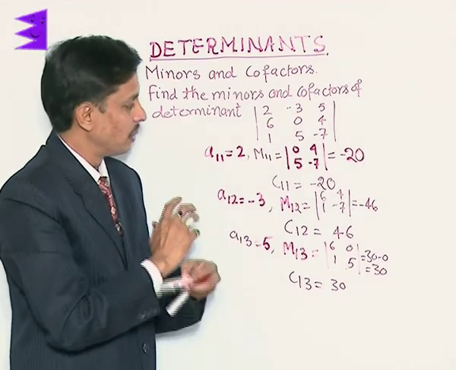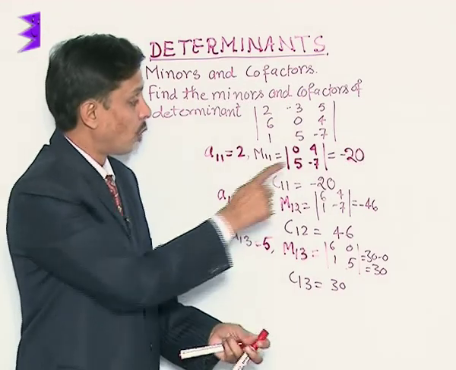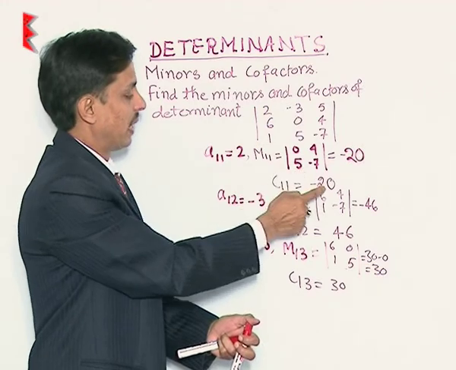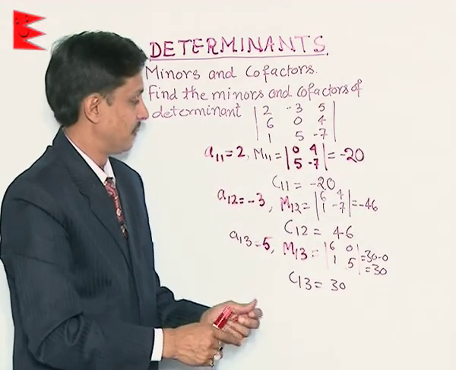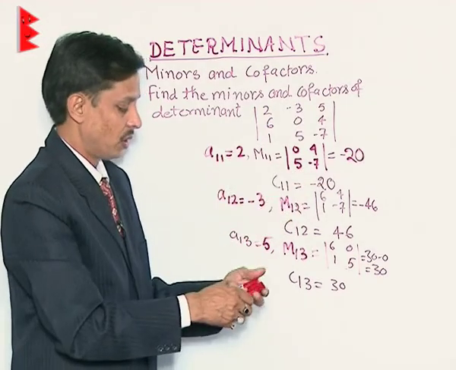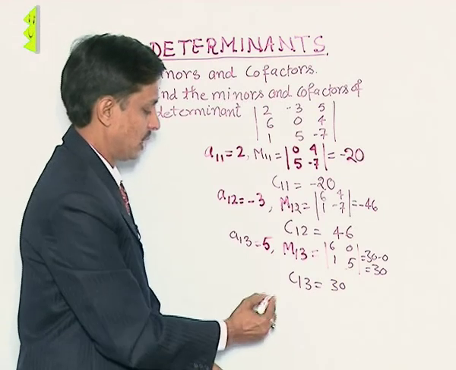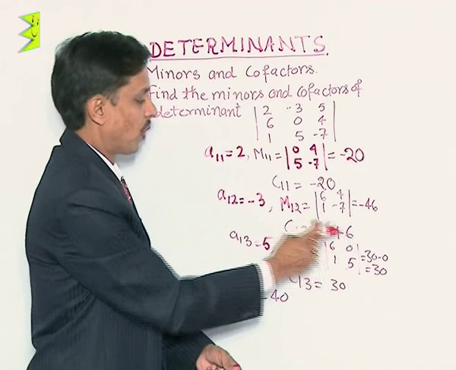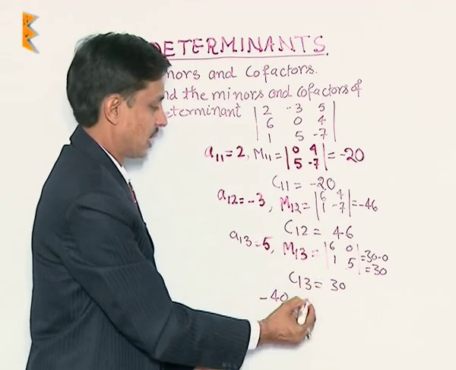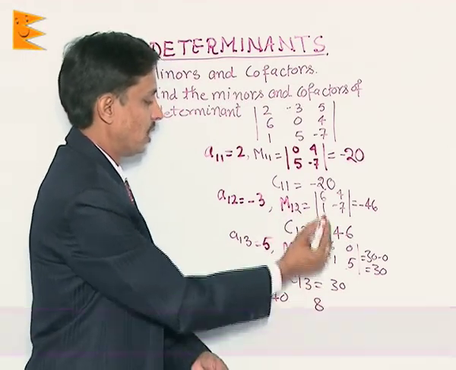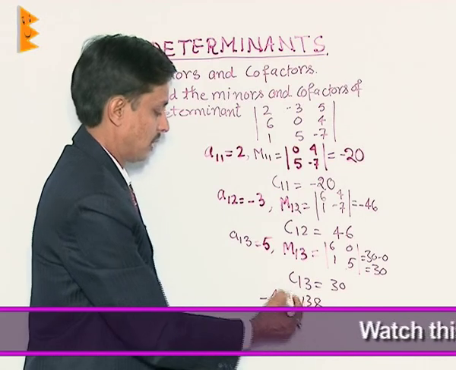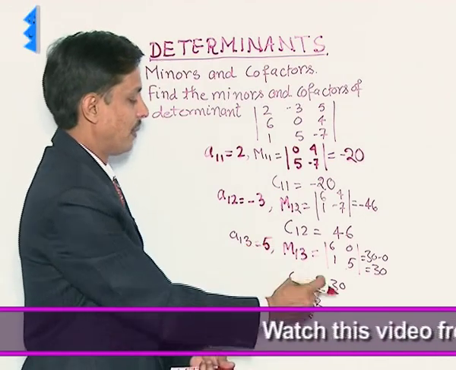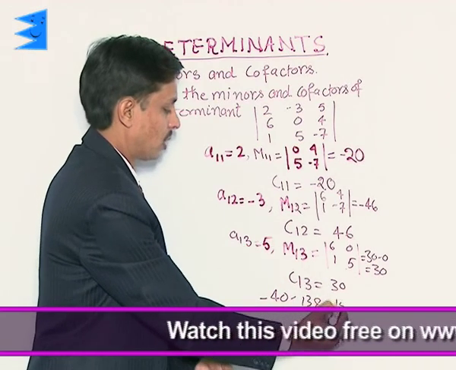There is a very simple rule. When the cofactors are multiplied with the corresponding elements, that is 2 into minus 20, what is that? Minus 40. And minus 3 into 46, this is 3 sixes are 18, 3 fours are 12, plus 1 is 13, this is minus 138. And 5 into 30, that is plus 150.